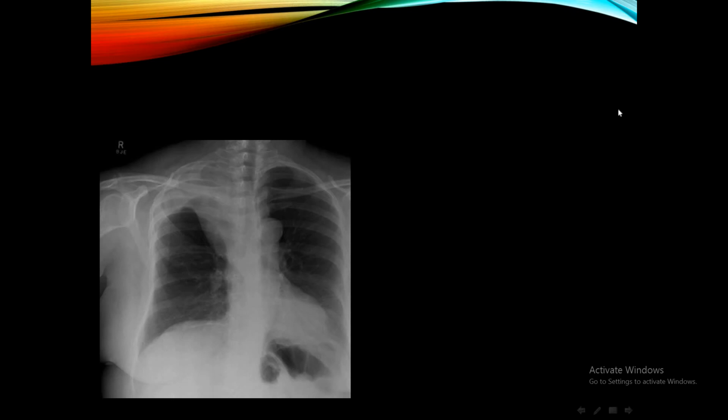Another example of right upper lung zone opacity which is causing elevation of the horizontal fissure.